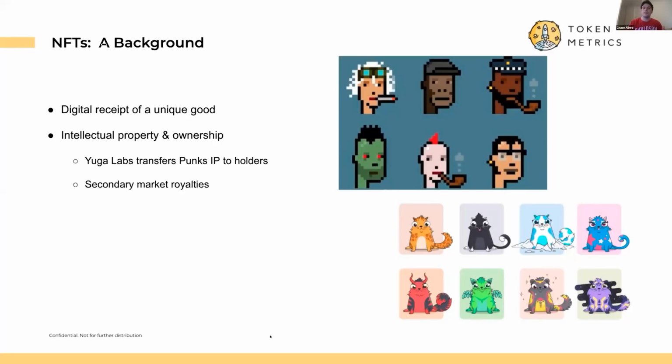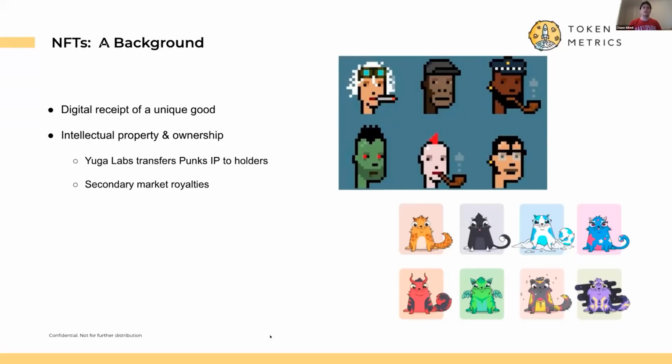Two interesting properties that I want to talk about of NFTs are the ability that you have to own the intellectual property underlying your art or underlying your NFT. So you have to do some research on these projects, but certain projects will allow you to actually own the intellectual property underlying the NFT. For example, Bored Ape Yacht Club was one of the first projects to actually give their owners the IP of their art.